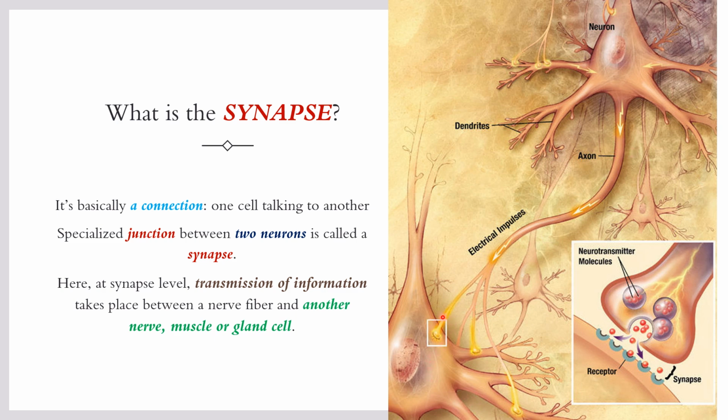So what is the synapse? The synapse is this connection, this junction between one neuron and another neuron. We can zoom in here and see the actual connection, or synapse.